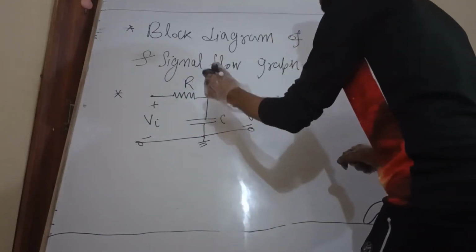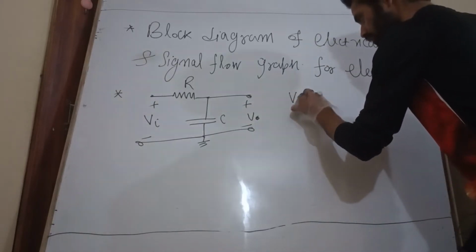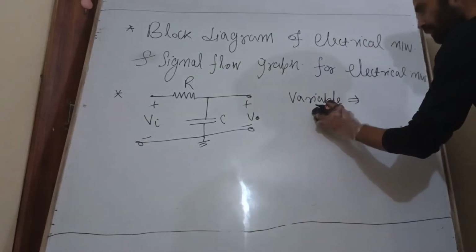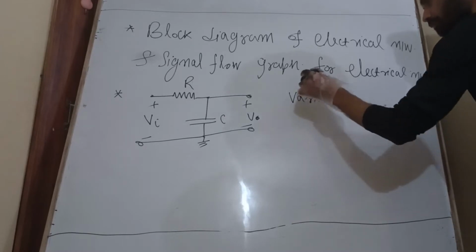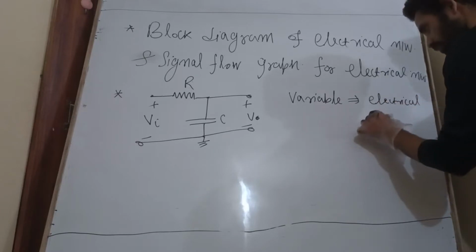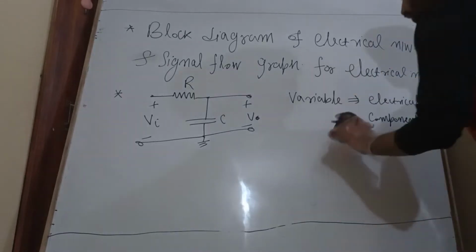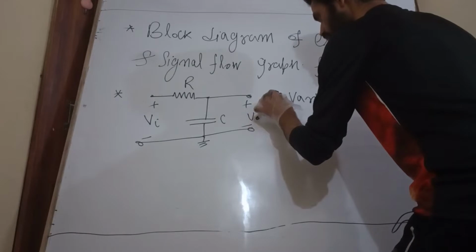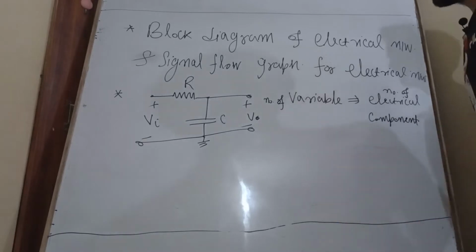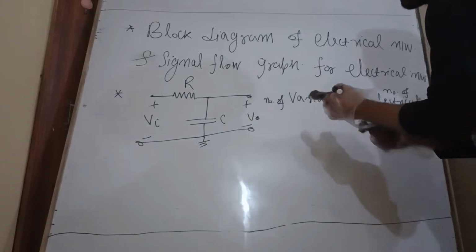So the number of variables is equal to the number of electrical components, and this variable is denoted by a single node.